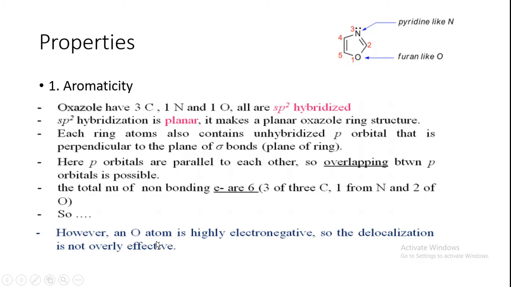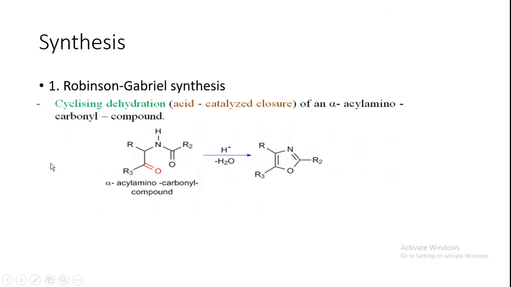Next, synthesis. The first synthesis is the Robinson-Gabriel synthesis. Here cyclizing dehydration takes place, that is, intramolecular acid-catalyzed cyclization or ring closure of an alpha acylamino carbonyl compound.